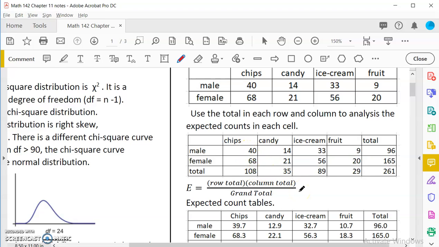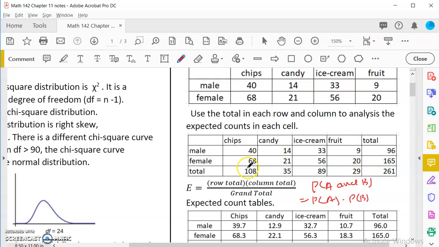So that's what we want to do, to check if they are independent. And earlier in chapter 3, we also asked, how do we check independence? It would be the probability of A and B. You still remember? It is equal to the probability of A times the probability of B. If these are exactly equal, then they are independent.